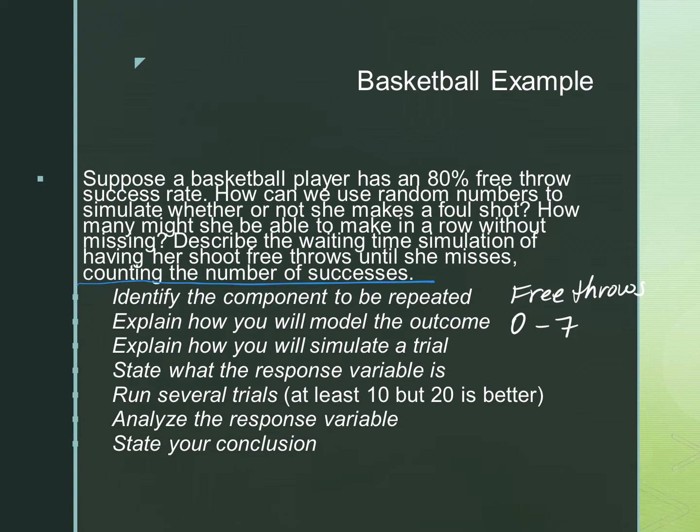That's 8 numbers. 0, 1, 2, 3, 4, 5, 6, 7 is 8 numbers. So that's a makes the shot. So we're going to say let 0 to 7 be makes the shot. And 8 and 9 mean what? She misses. Okay, so this is 2.